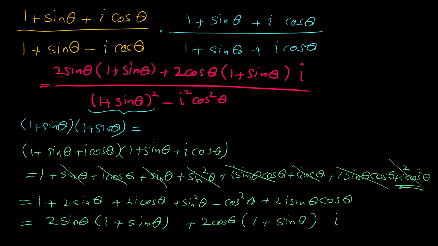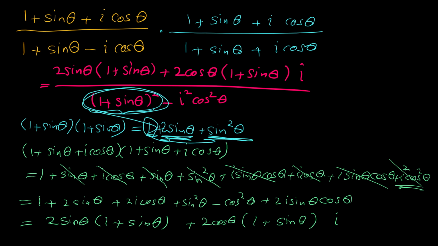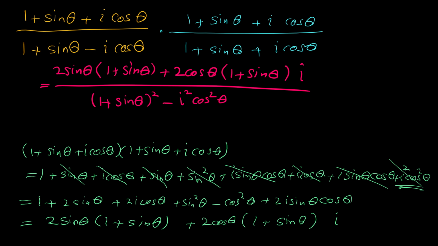If we multiply 1 plus sine by itself, it equals 1 times 1, 1; sine times 1, sine theta; another sine times 1, that's another sine; and sine times sine is sine squared. So this expression is 1 plus 2 sine theta plus sine squared.